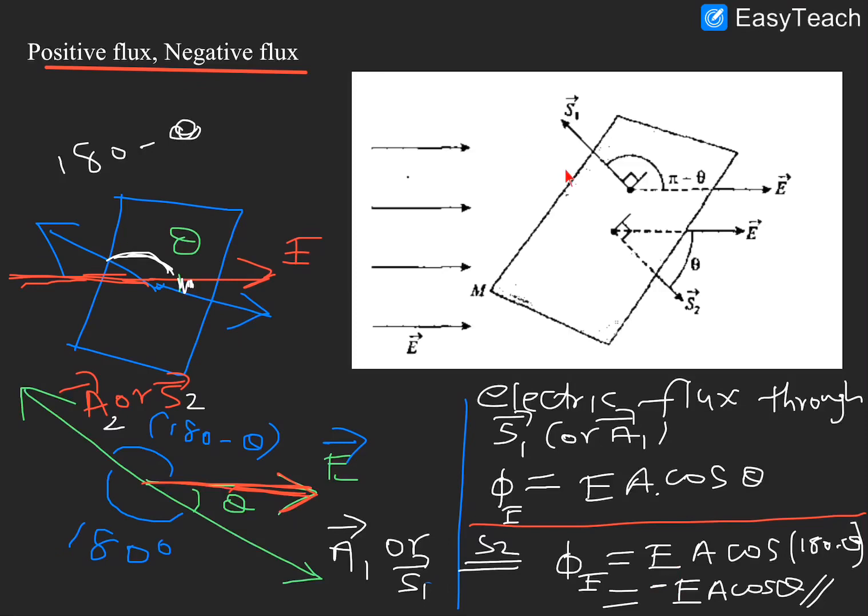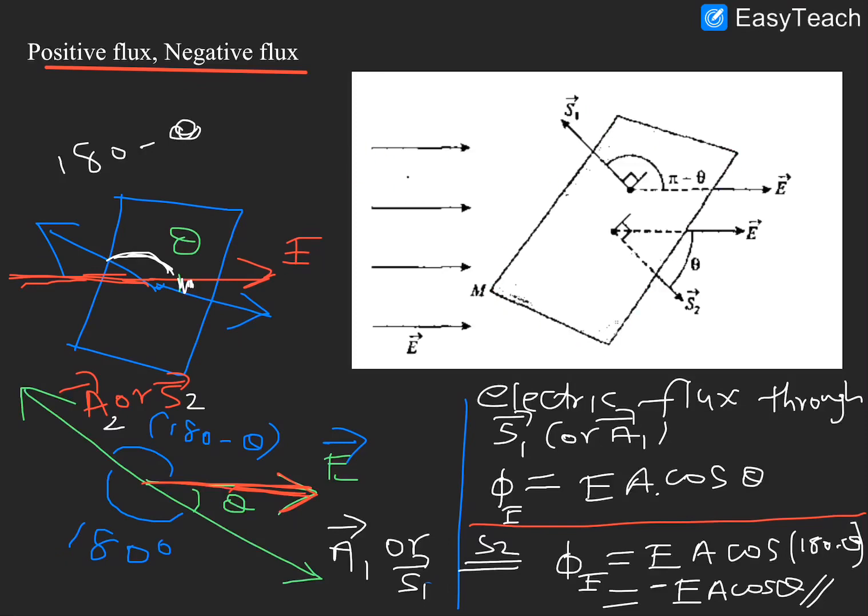One is moving in this direction and at the same time another is moving in this direction. If you consider this is the surface, then positive flux is taken to be those electric field lines which are leaving this surface.